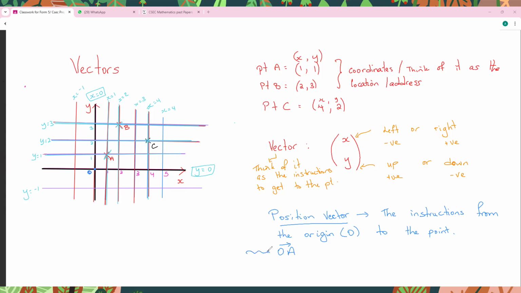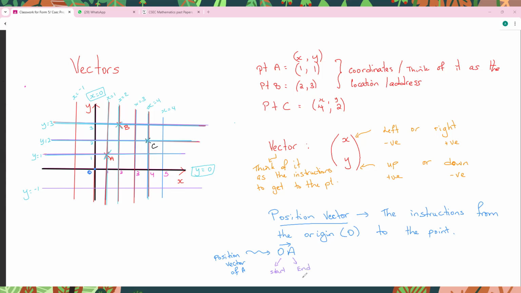So this here would be the position vector of A. Basically, the first letter in your vector tells you where you're starting, and the second letter tells you where you're going to end up.